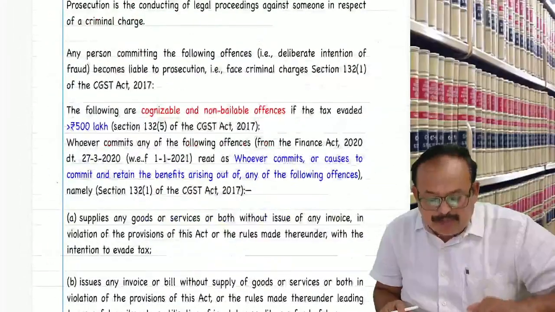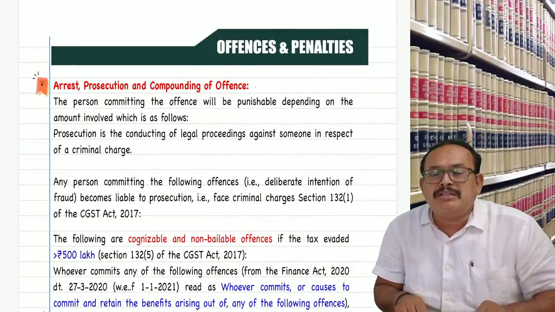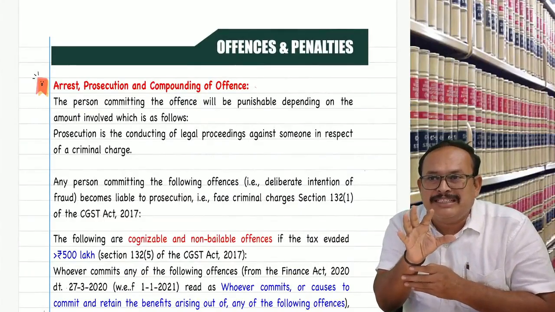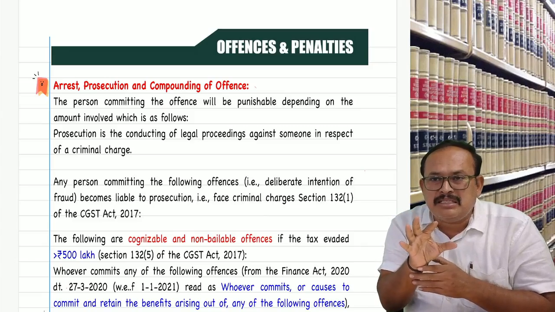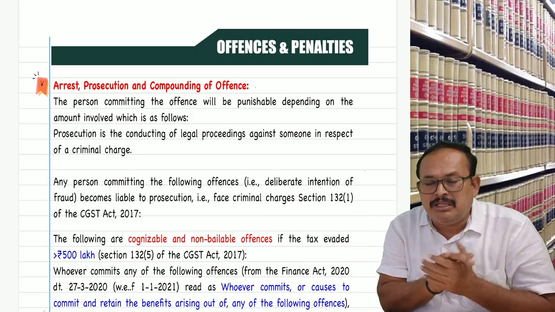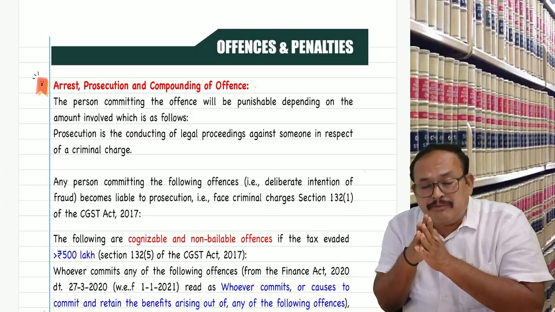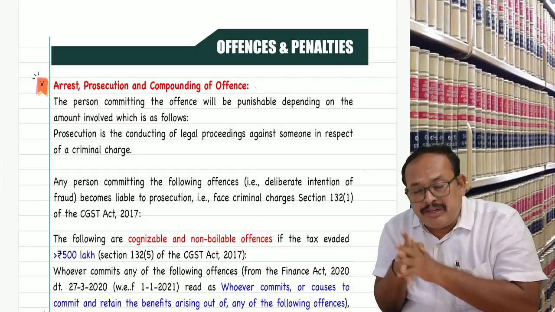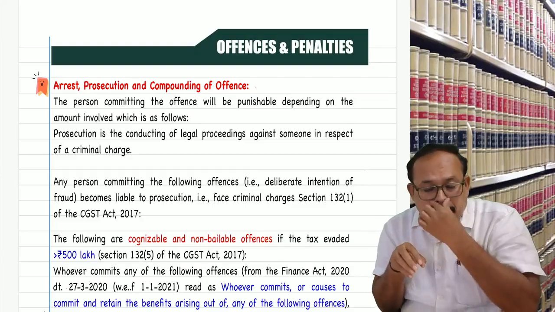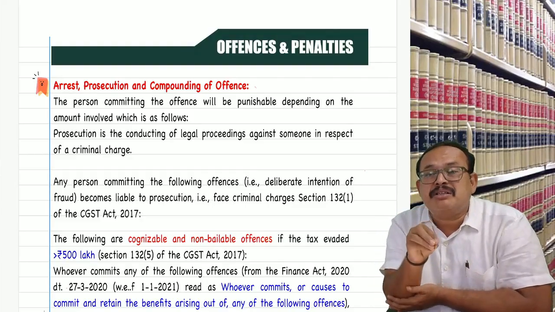Why I am doing the problem is that if I do the problem, you are in a position to understand the provision. What is the fine in lieu of confiscation on the owner of the goods? The maximum fine is equal to market price minus the tax payable thereon. The minimum is how much? 100% of the tax thereon. Now, on the vehicle owner whose vehicle is confiscated, to release that confiscation, the fine in lieu of confiscation is 100% of the tax amount.